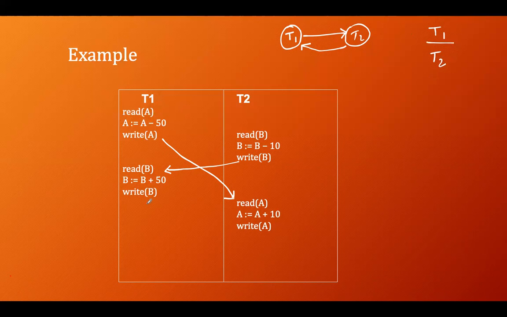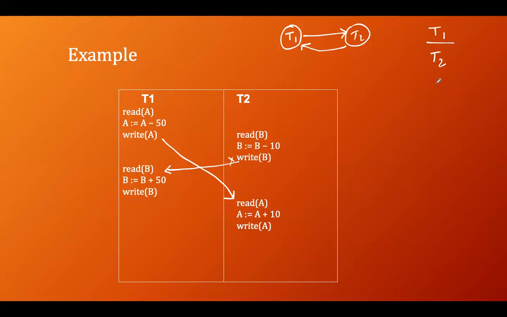You can see here, this write operation exists, but what about this operation? This operation should come first and this operation should come after that. But because T1 is performing all its operations, this conflict is not going to work.